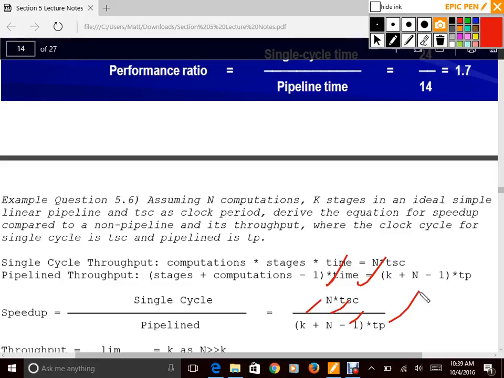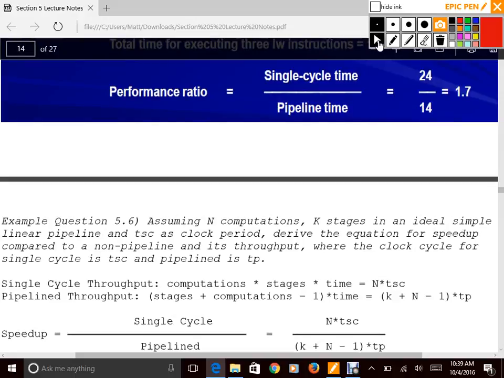So the last part is now throughput. Asking for its throughput. So I know it's speed up and it's throughput. So the way you do this is you just say the limit as n approaches infinity.